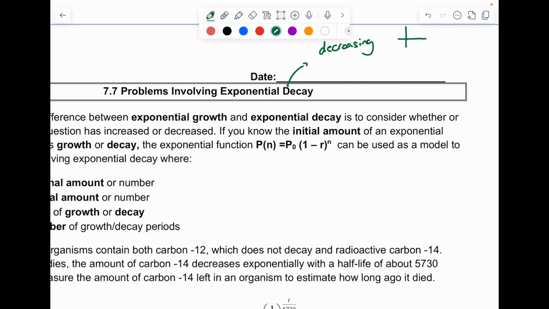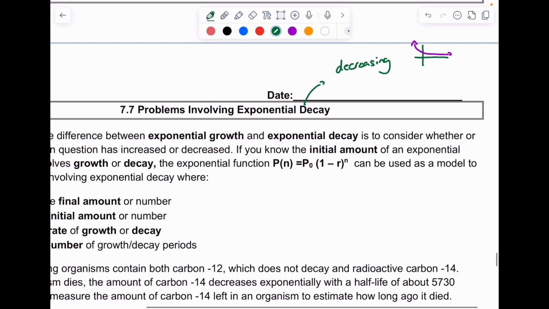And generally speaking, what that looks like is your function is getting lower and lower as you're reading it left to right. Okay, so just as I started the previous lesson, as x values are increasing, reading left to right, your y's are decreasing.